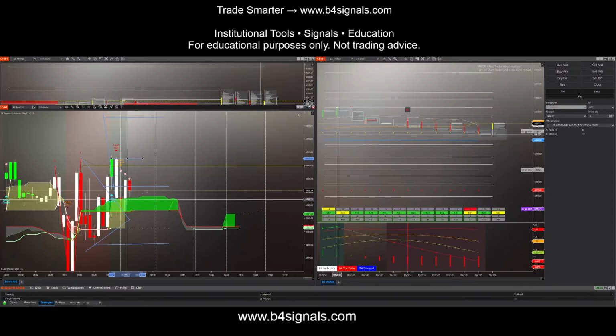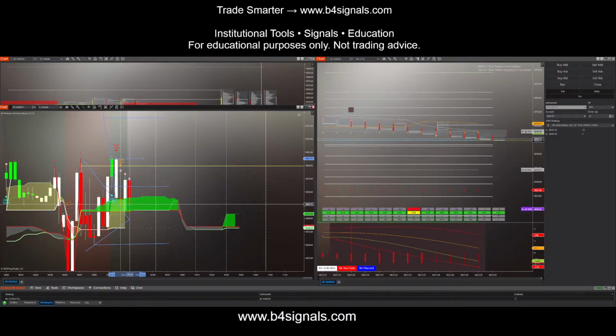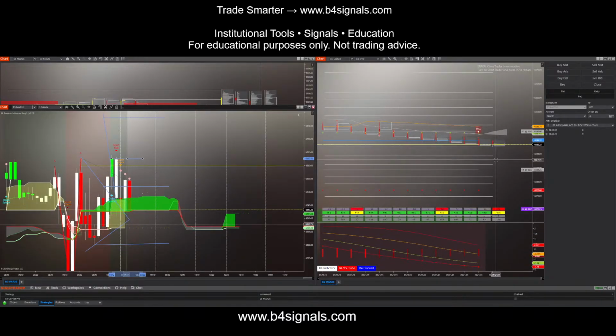As long as the price stays above the Tenkan-sen, you can stay with the trade. In this volatile environment, I just still wouldn't be taking this right now.